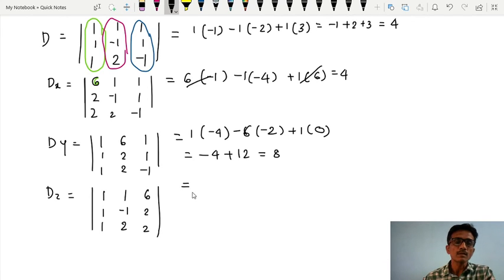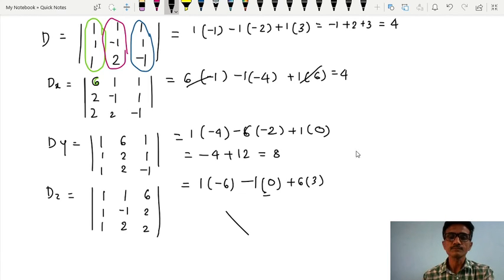So let us evaluate this determinant. 1 into determinant of this, minus 2 minus 4, it is minus 6, then minus 1 into 2 minus 2, 0 will come, plus 6 into 2 minus of minus 1, which is 3, this is 18, this 0, so 18 minus 6, it is 12.